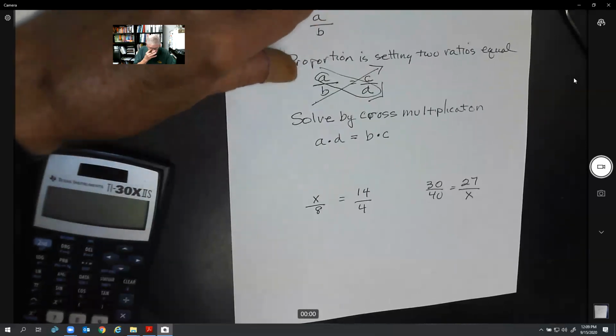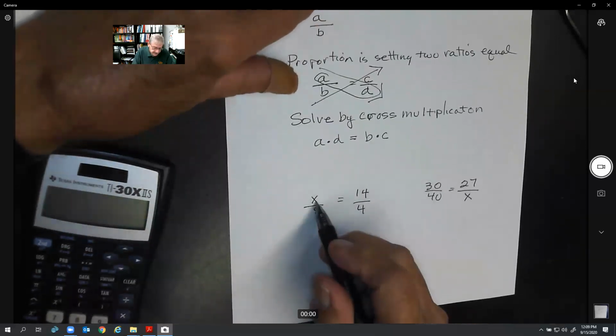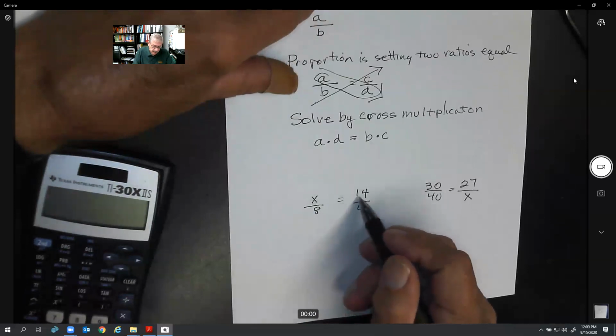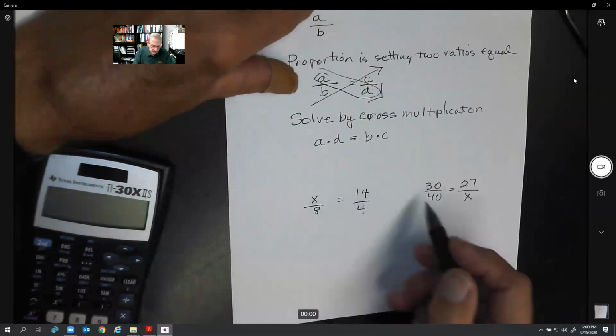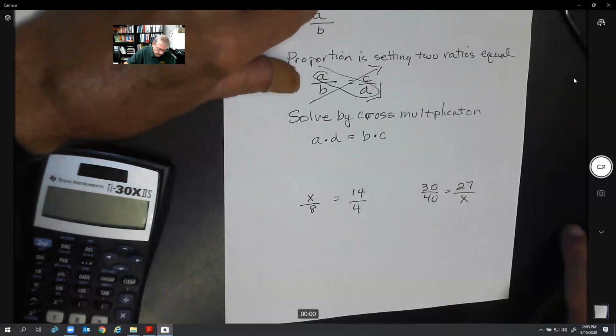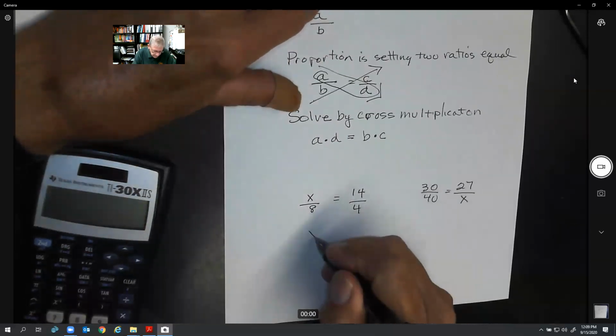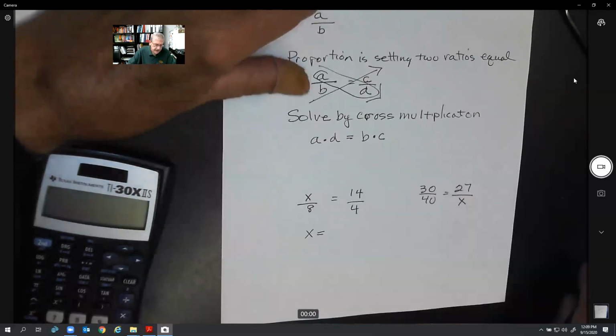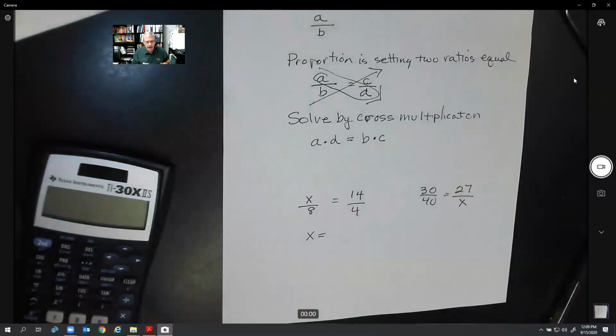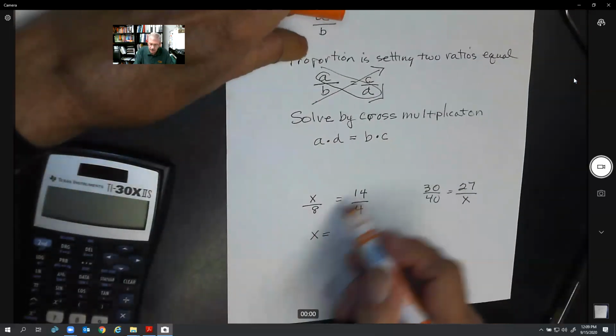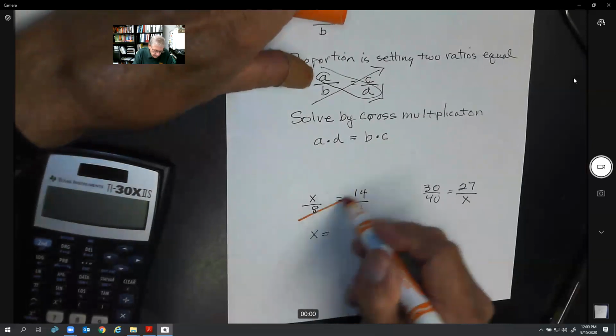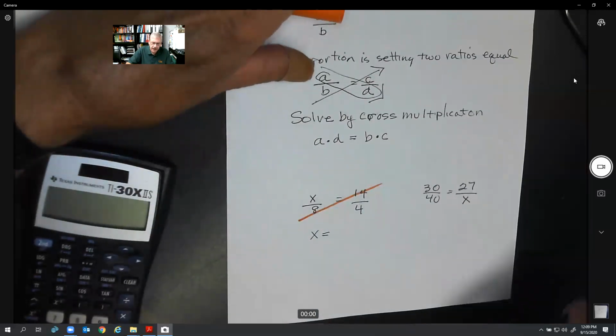Well, we could do it very mathematically. We would multiply these two numbers and then you have 4x and so on. I'm going to show you a little shortcut that's a little faster. X is, we're going to multiply two numbers that we see that are diagonal, 8 and 14, right?